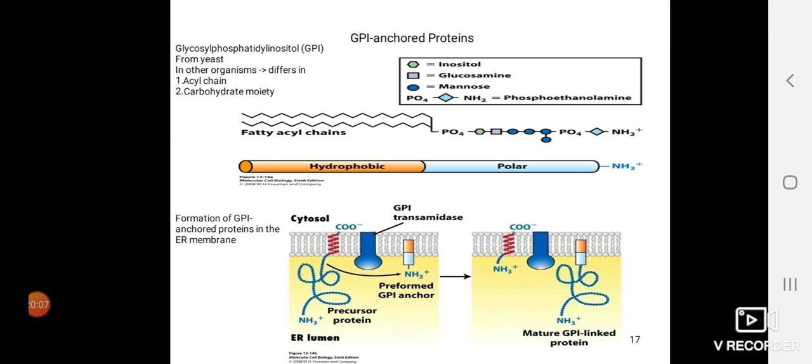So this glycosyl phosphatidyl inositol portion will have this particular amine, that phosphoethanolamine, and that amine is going to get attached to the protein by the amidases. This is another way the polypeptide chains get attached to the membrane.